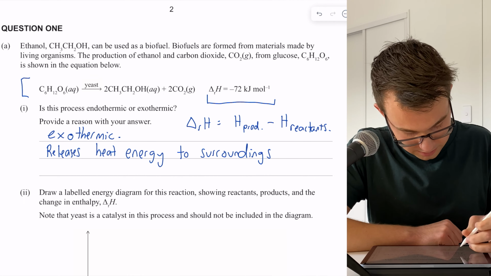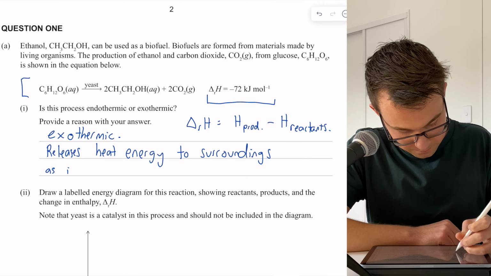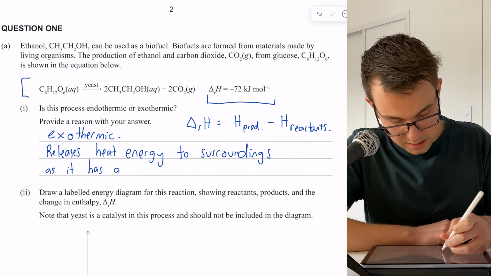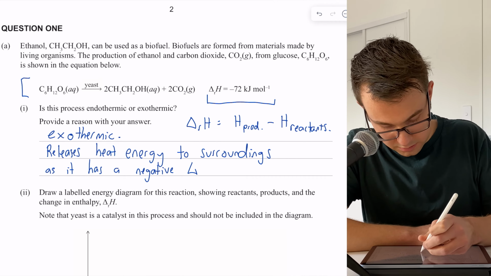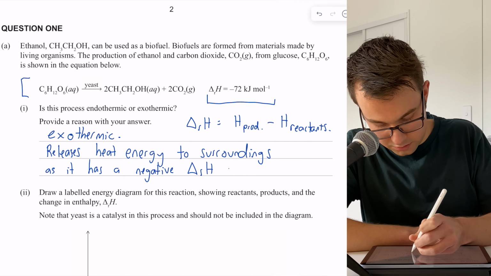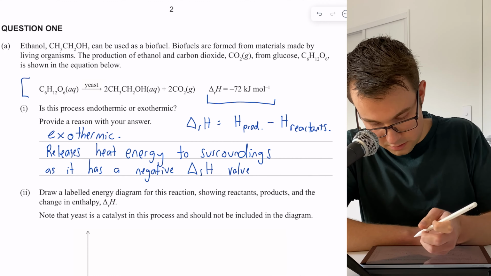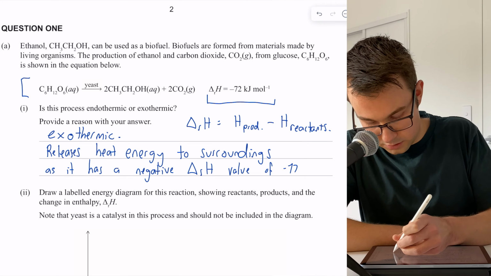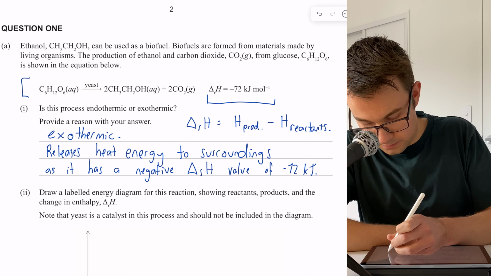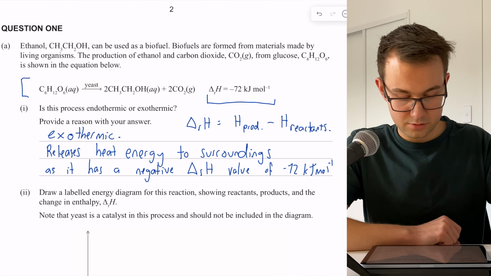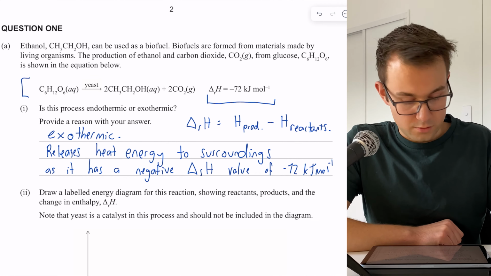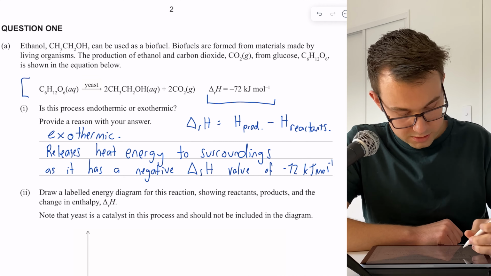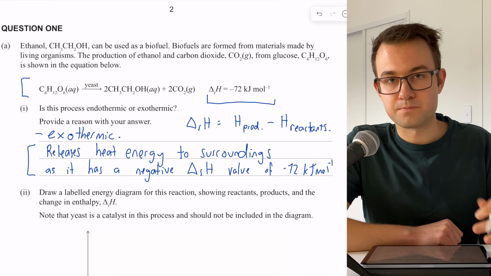Because it has a negative delta RH value of negative 72. Do we need to write that? Probably not. But yes, negative delta RH value. Perfect. It's just an achieve question, this one. We got exothermic and we have a reason.